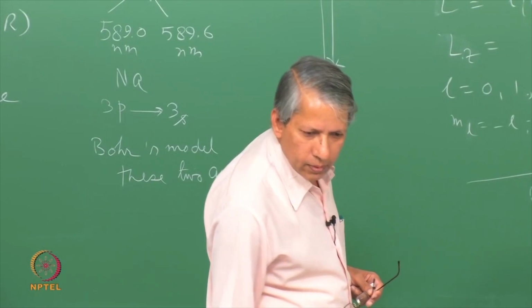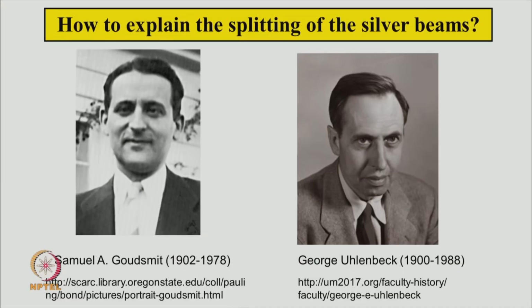Then these 2 persons, Uhlenbeck and Goudsmit, said that they have a way to explain this splitting of silver atoms. They were 2 young graduate students, and they came up with a very novel proposal.